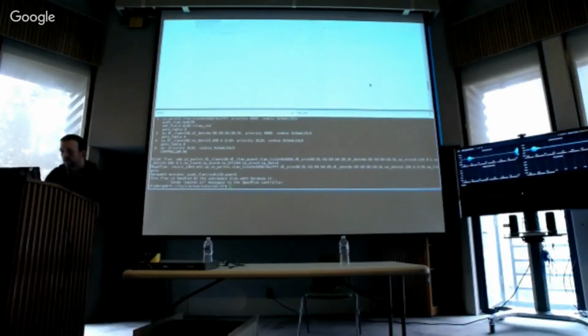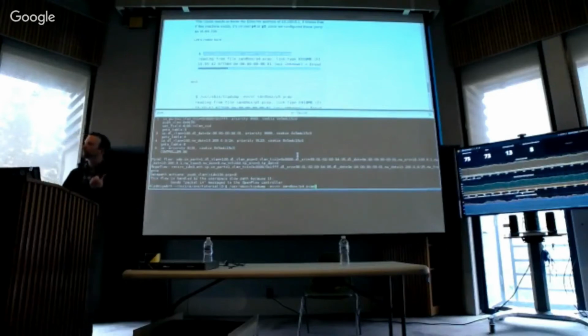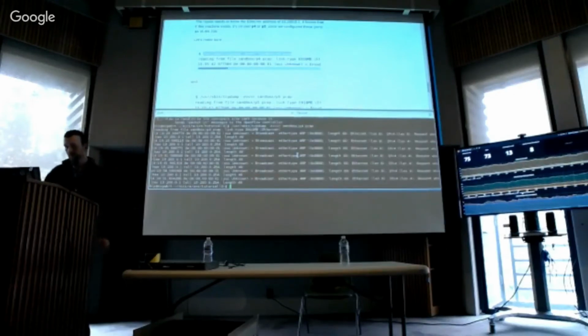Since we set up these files to correspond to those ports, we can dump what went to those and see what ended up there. Yes, we see there's an ARP request, and it's repeated several times saying, where are you?